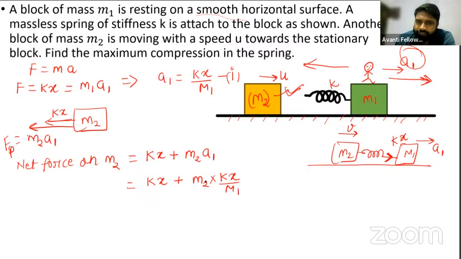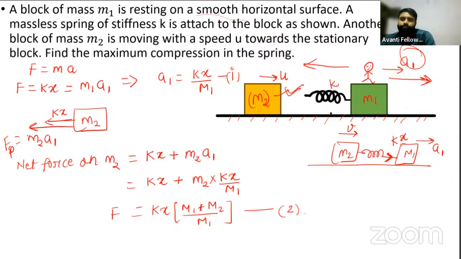This is equation number 1. We have put the value. Now you can take kx as common, so you will have (m1 plus m2) divided by m1. So this is the net force acting on this system, on this block M2. Okay?